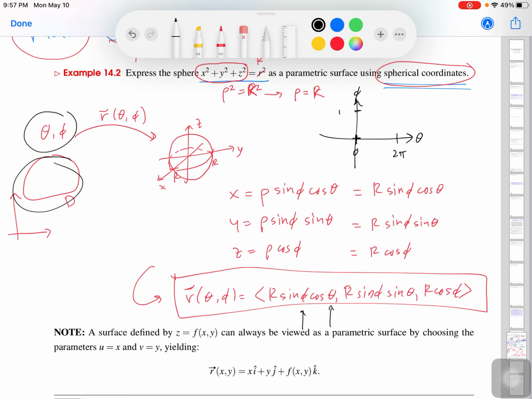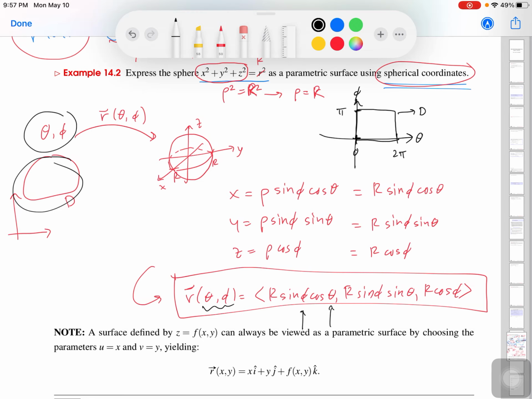So I have as my domain my region D, over which we are going to select the inputs to my parametrization. In this case, it's a rectangle.